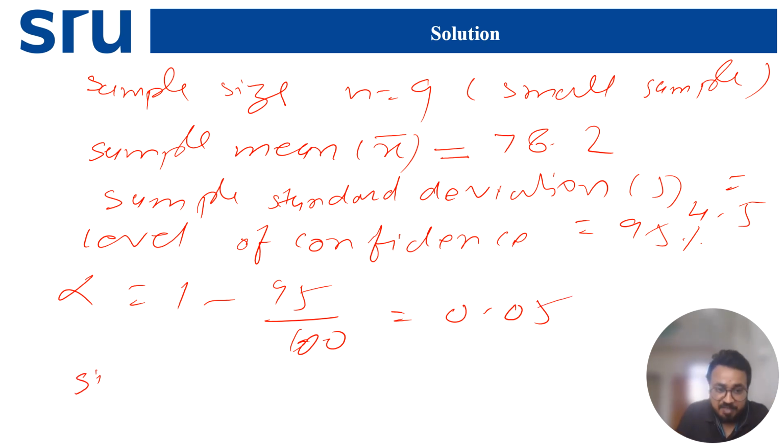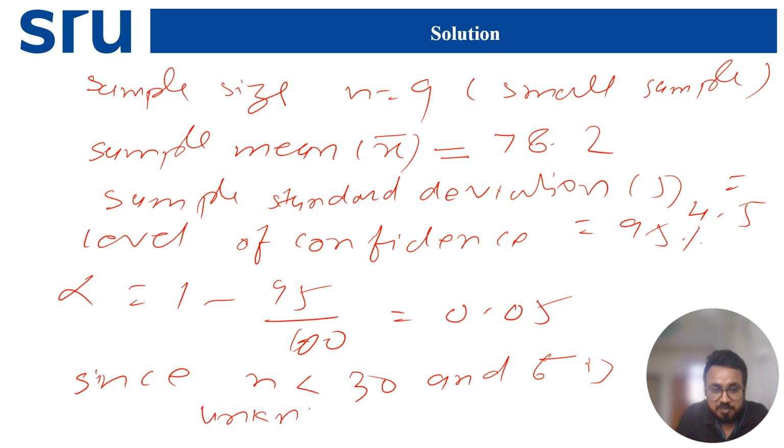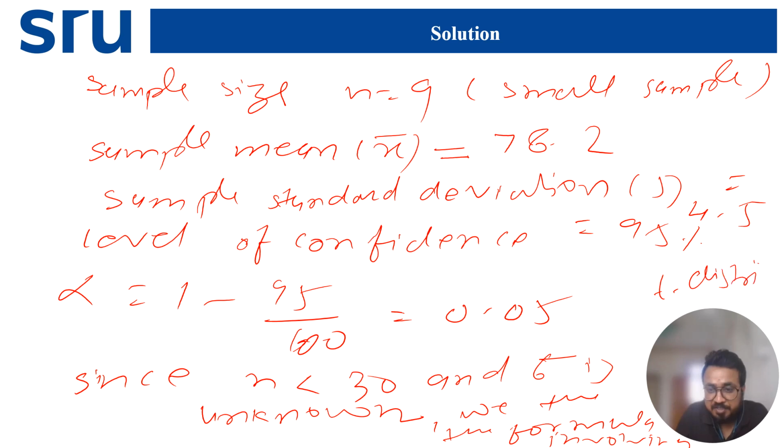Since here we can see that n is less than 30 and sigma is unknown, we use the formula involving the t distribution, right?